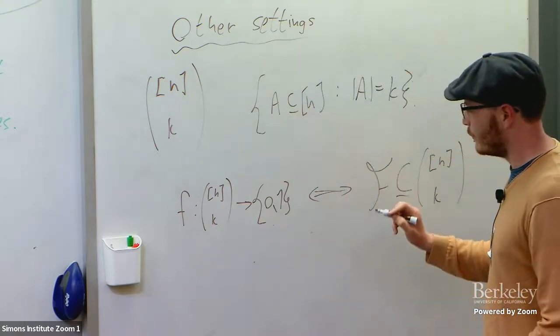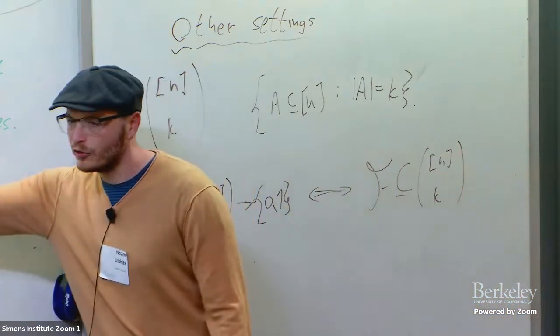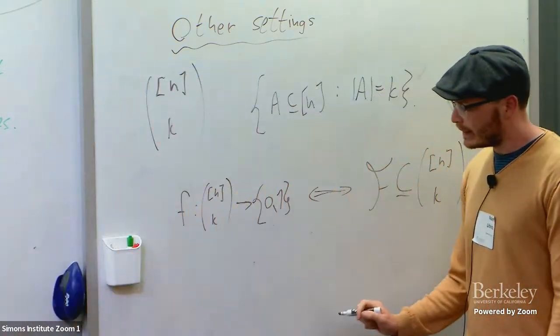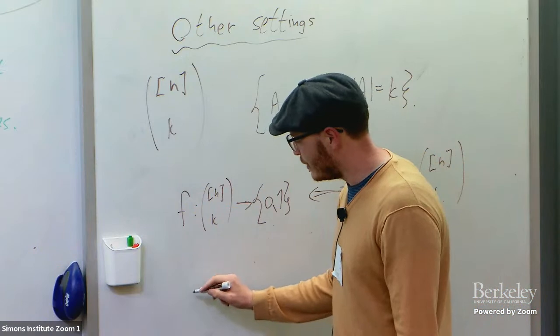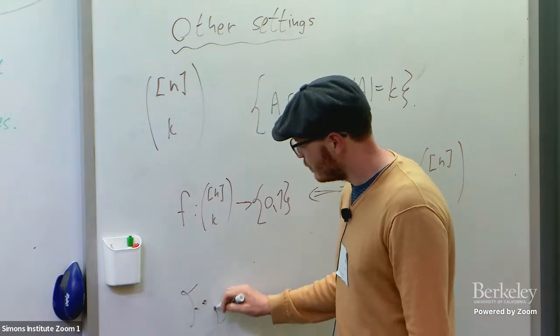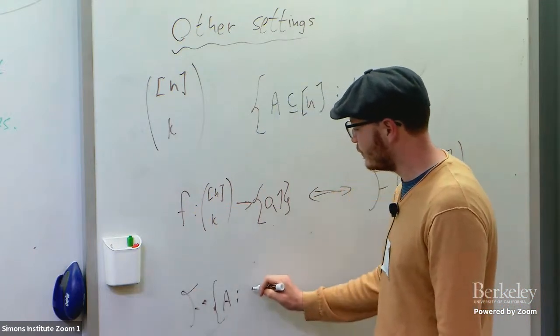If we want to find the analog of the dictator function, we can take the family of all sets that contain i.